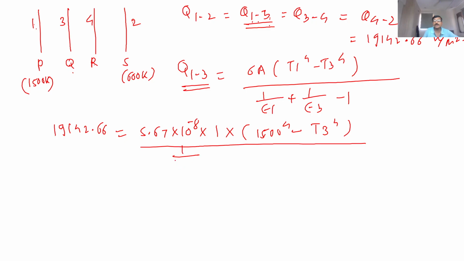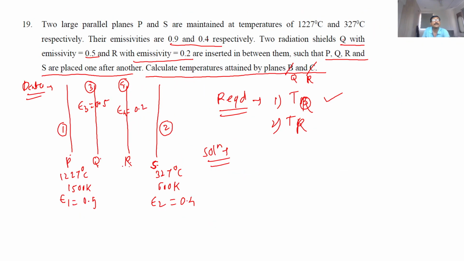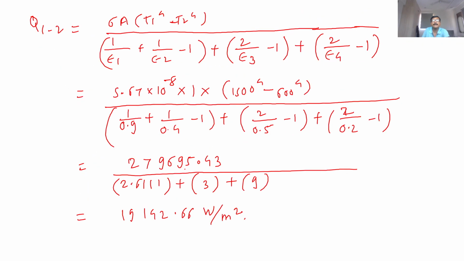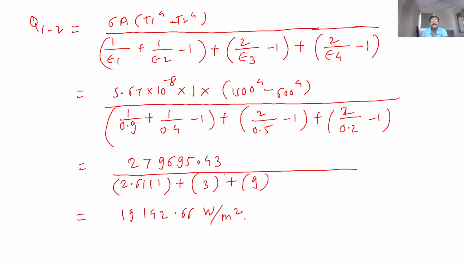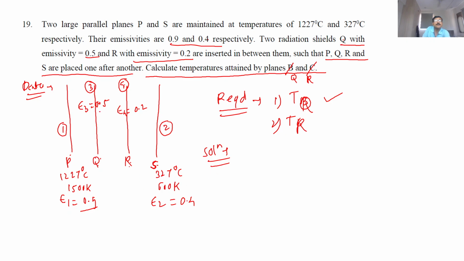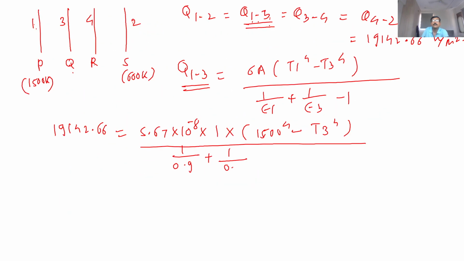What is the value of epsilon 1? 0.9, plus 1 by epsilon 3. What is epsilon 3? 0.5, minus 1.